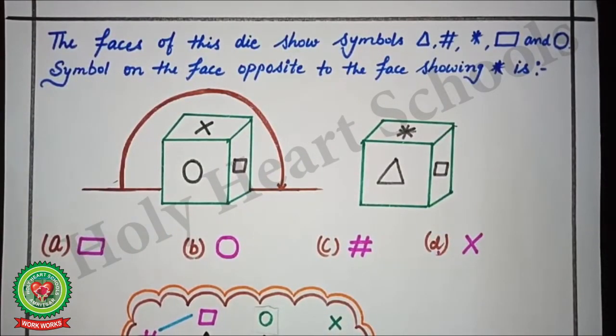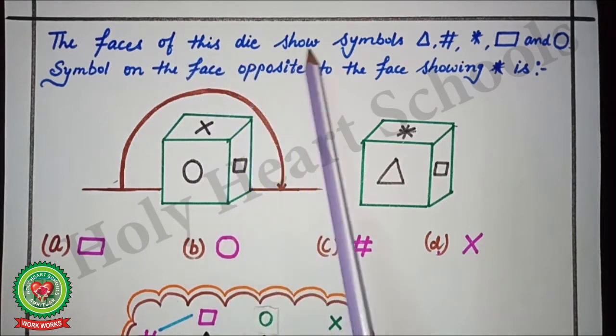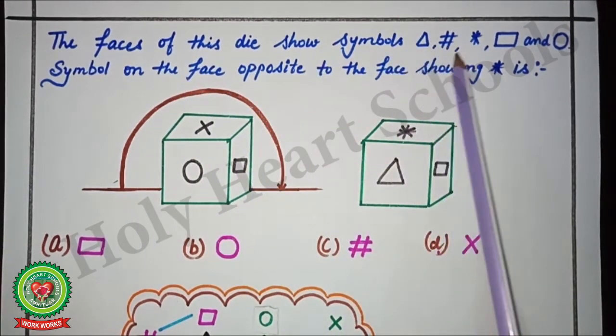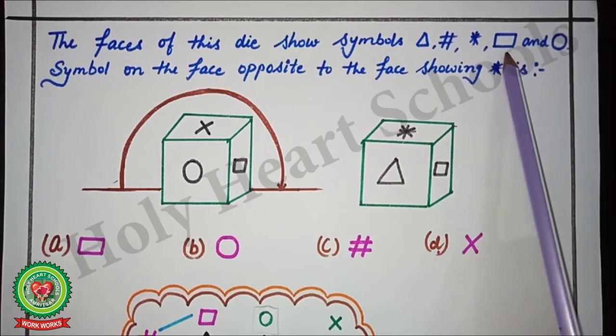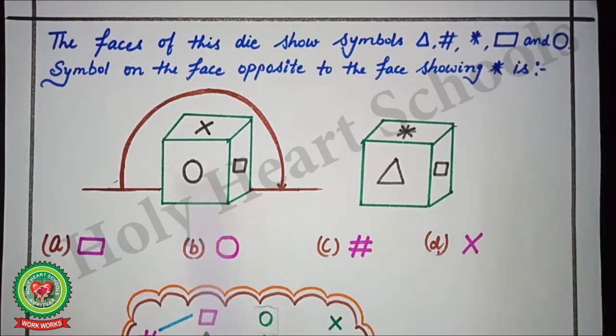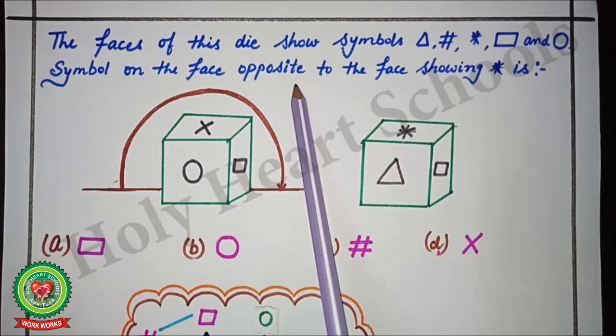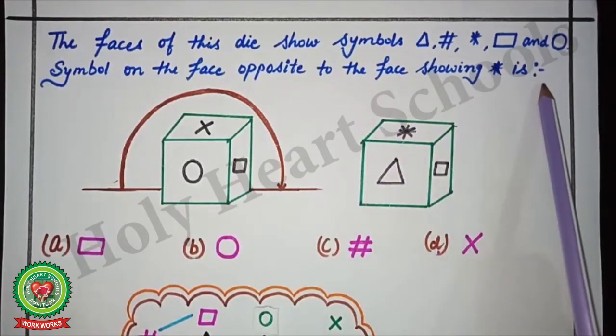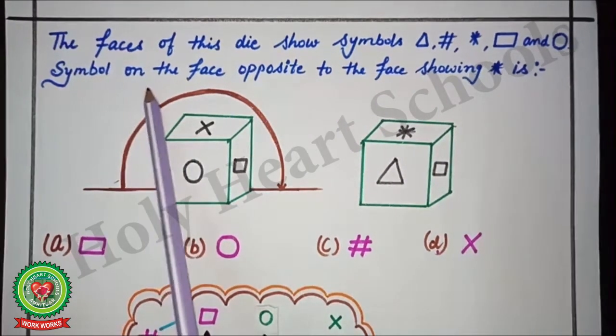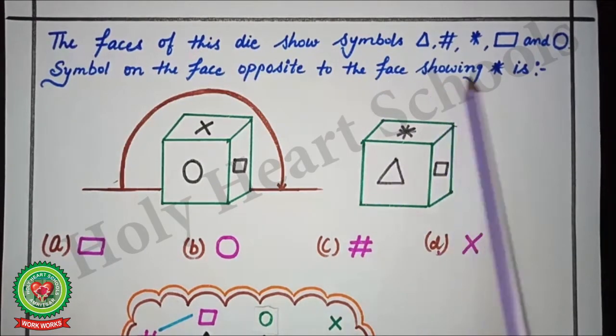In this example, again, we are given a die on which these symbols are there. Now the question is, the faces on this die show the symbols triangle, hyphen, star, rectangle and a circle. The symbol on the face opposite to the face showing star is. So that means we have to find the symbol on the face opposite to the face showing star.